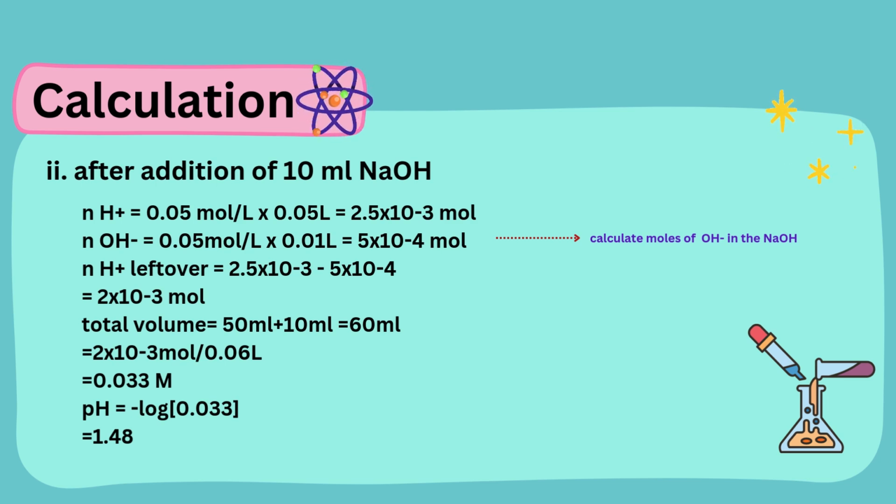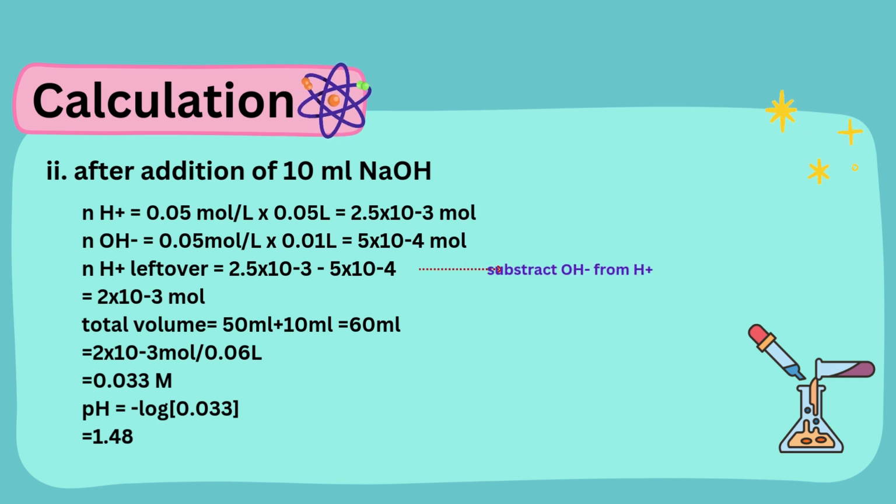Number of moles OH- equals 0.05 moles per litre, times 0.01 litres equals 5 times 10 to the power of -4 moles. After that, subtract OH- from H+, leftover H+ equals 2.5 times 10 to the power of -3 minus 5 times 10 to the power of -4 equals 2 times 10 to the power of -3 moles.